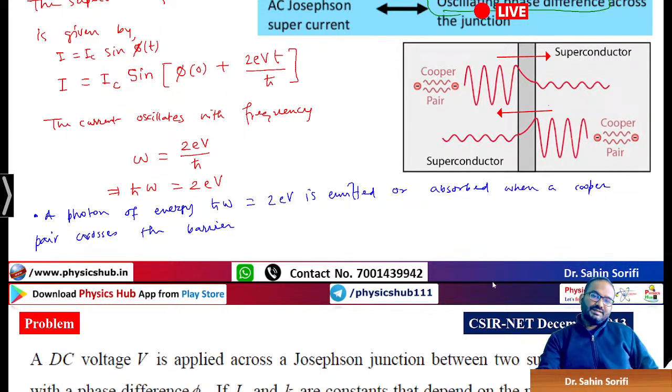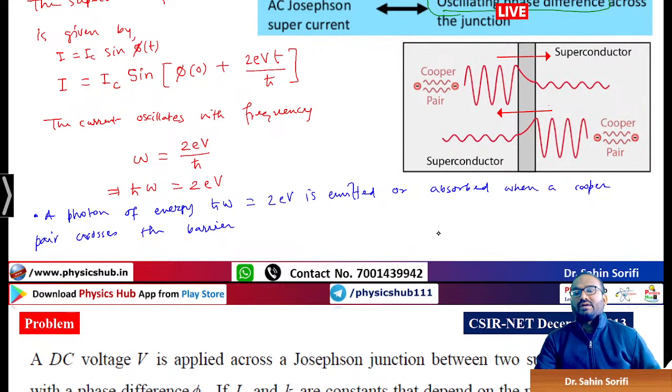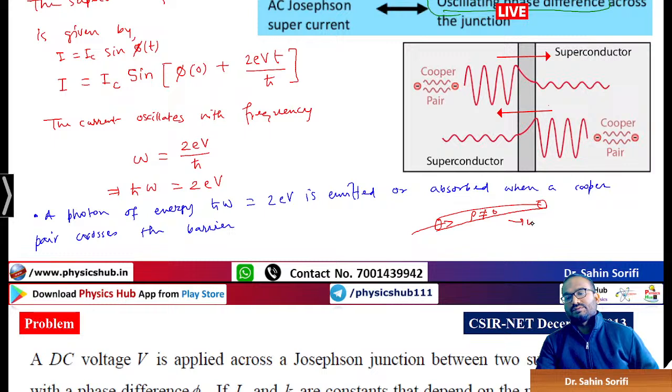Now imagine when we send current through a normal conductor, it has some resistivity, and because of that, when current flows, we will have some loss. For a superconducting wire, the resistivity is zero inside, so if current flows there is no loss.